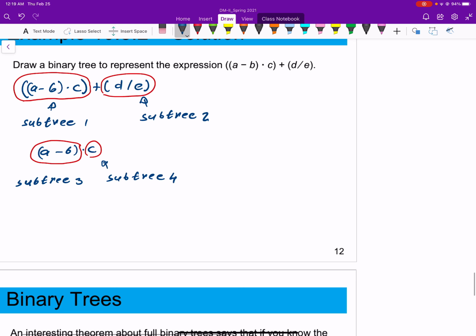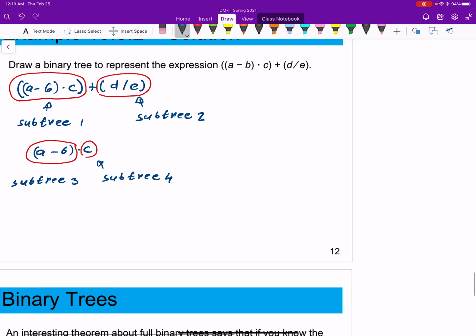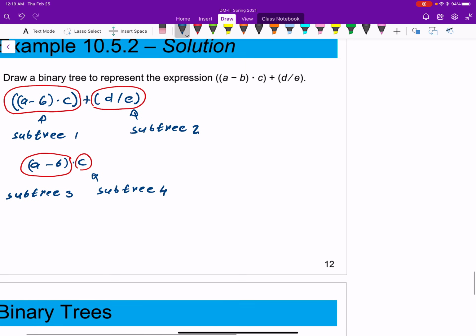Now I can easily draw that. So first I have to work on subtree 1 and subtree 2. This is my root. My root should represent the summation, and then it has 2 branches.